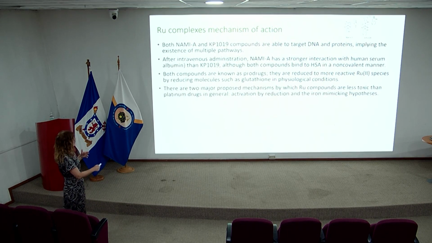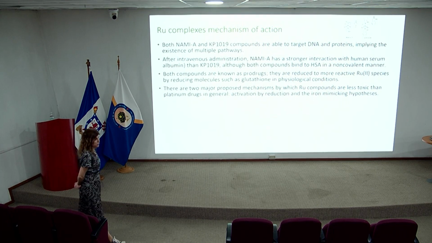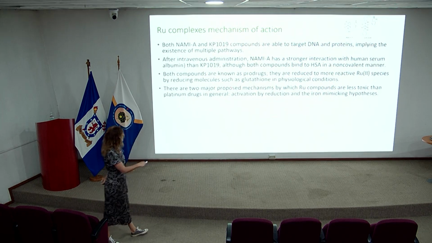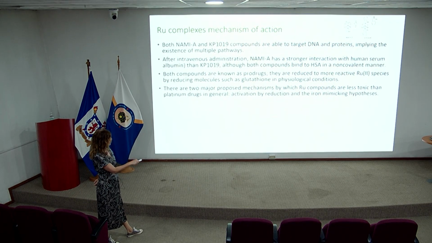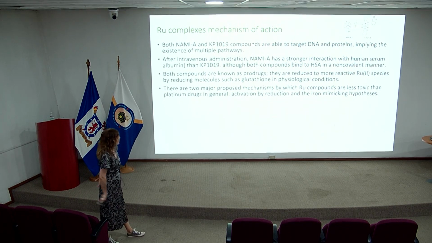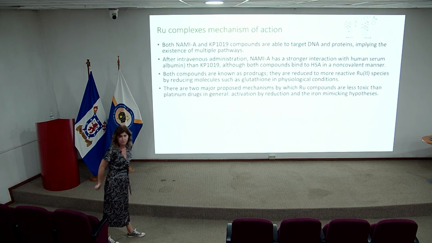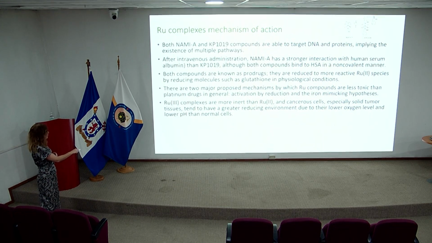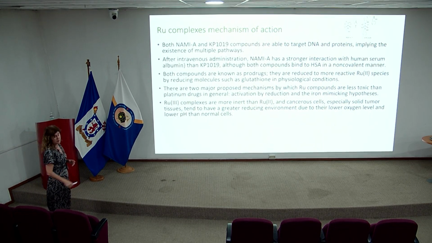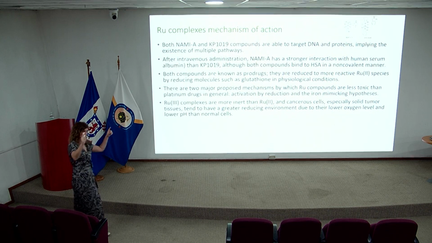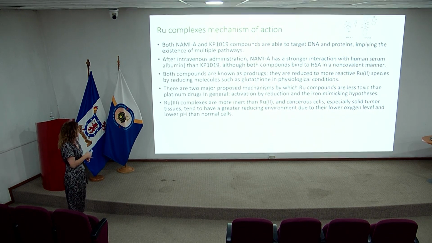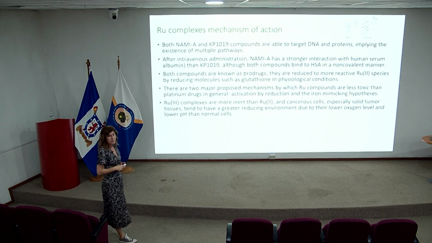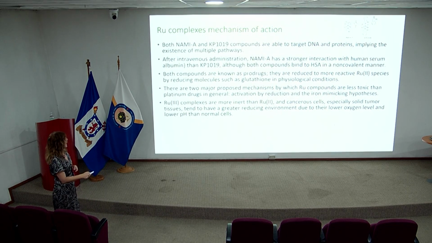And there are two major mechanisms which are proposed for the action of these ruthenium complexes, which is the activation by reduction, which I've just told you, and the iron mimicking hypothesis. So as you know, ruthenium-3 complexes are more inert. If you remember the graph that I showed you today, the higher the charge, the more inert the complex will be.